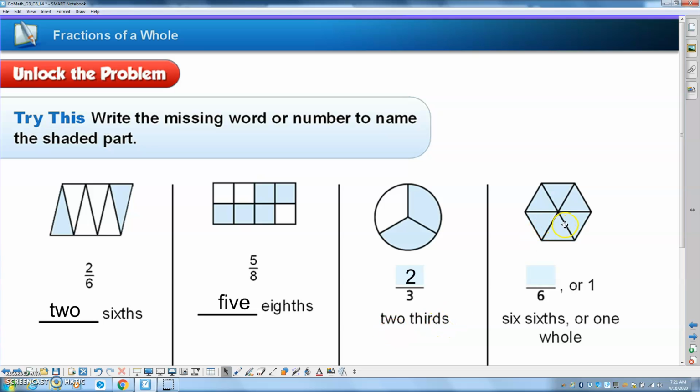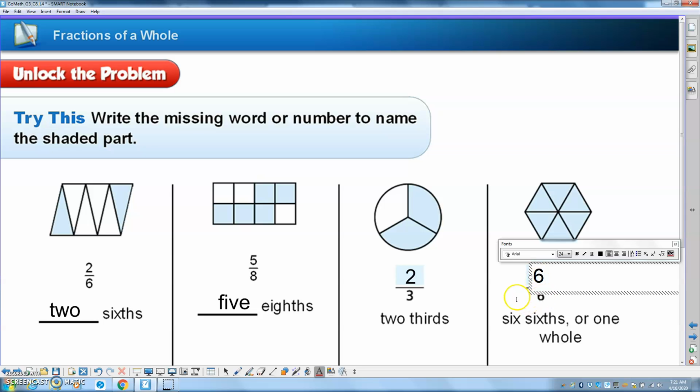So let's look at our last one. We have 1, 2, 3, 4, 5, 6 pieces. Each one of these pieces is going to be 1/6. If I have 1, 2, 3, 4, 5, 6 of them shaded, then my numerator is the number that's shaded, and my denominator is the total number of pieces in my whole.